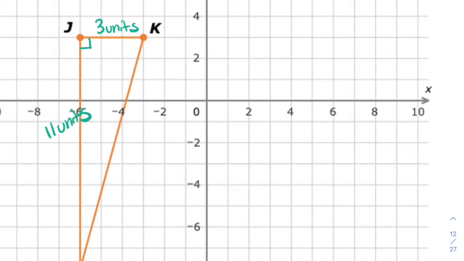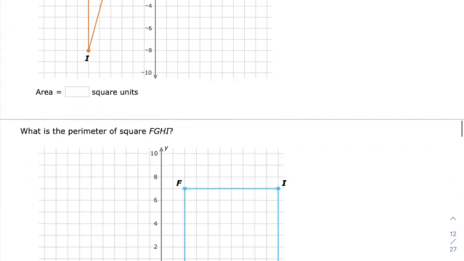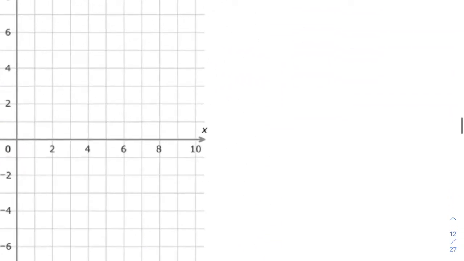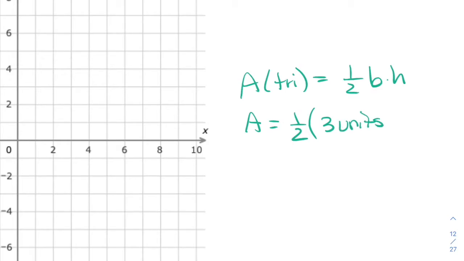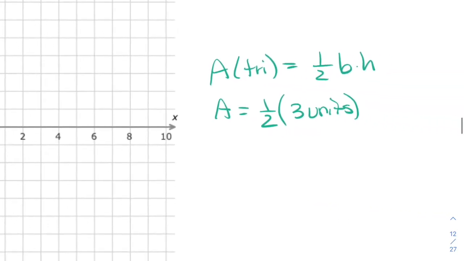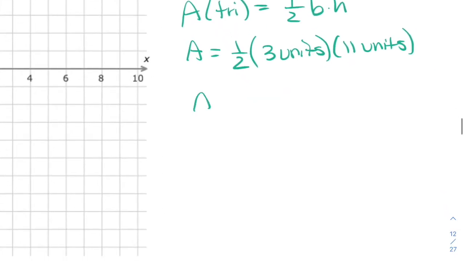So the area of my triangle is 1/2 base times height. So it's going to be 1/2 of 3 units times 11 units. So area is 1/2 of 33 units squared.